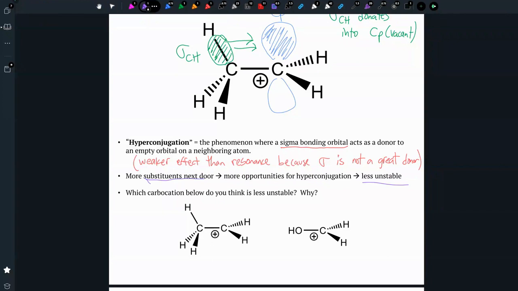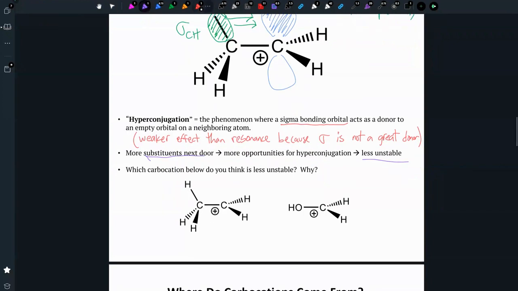As I mentioned, in the case at the bottom of the page, here I have a primary carbocation. So it can have sigma CH donate to the empty p orbital, just like I've drawn up above.